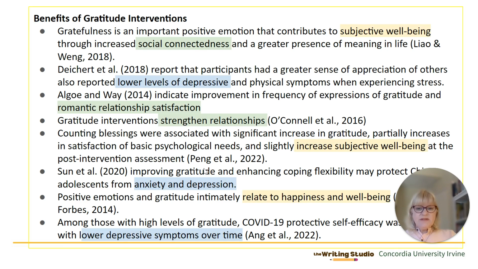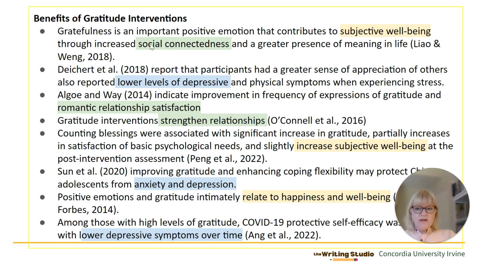So then what I did was I just color-coded them, to show that, okay, this Lau and Wing study found that better or increased subjective well-being was one of their findings. That went along with these other 2 as well.